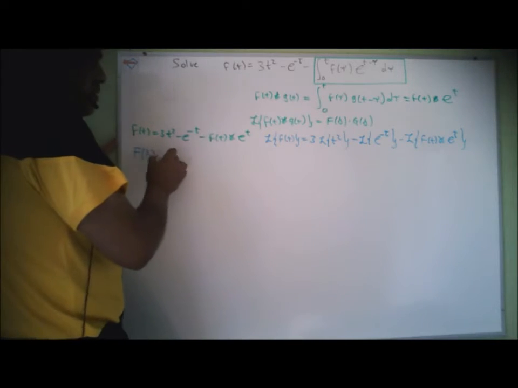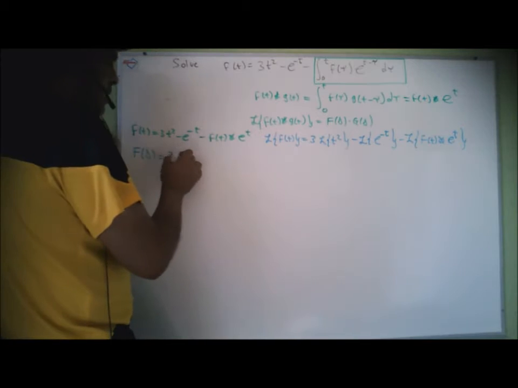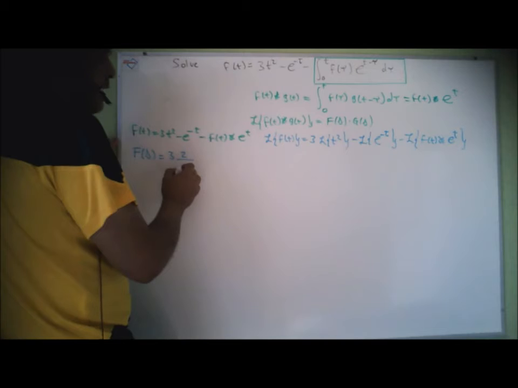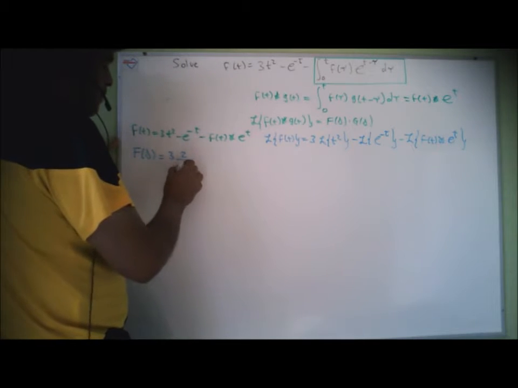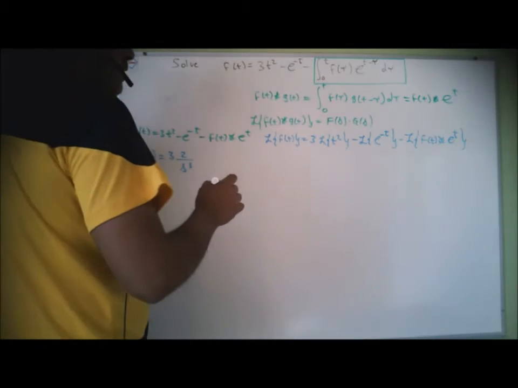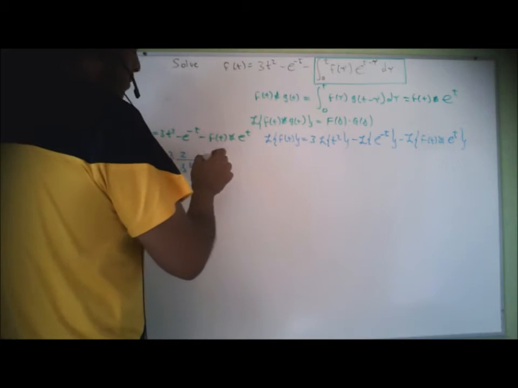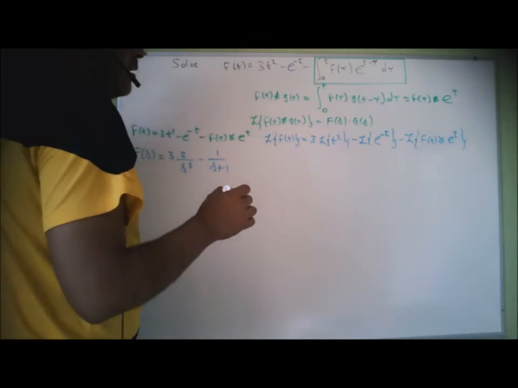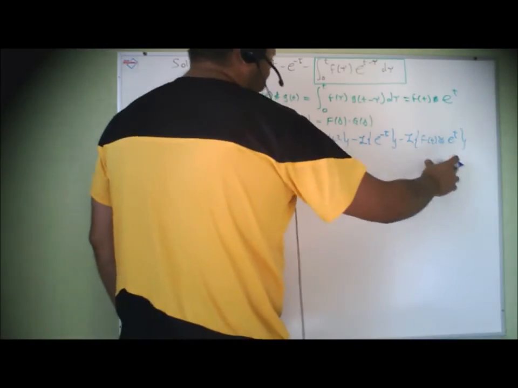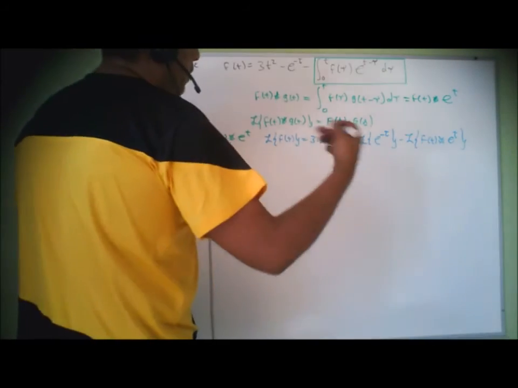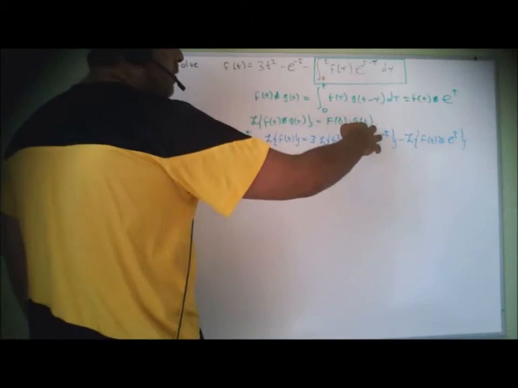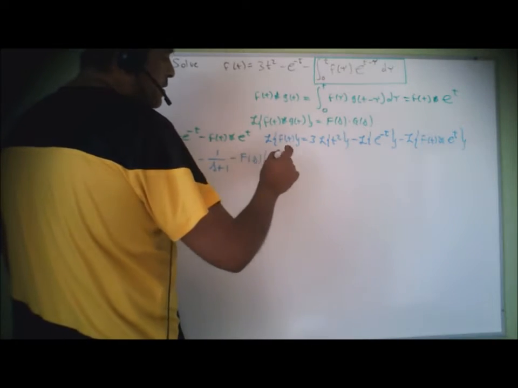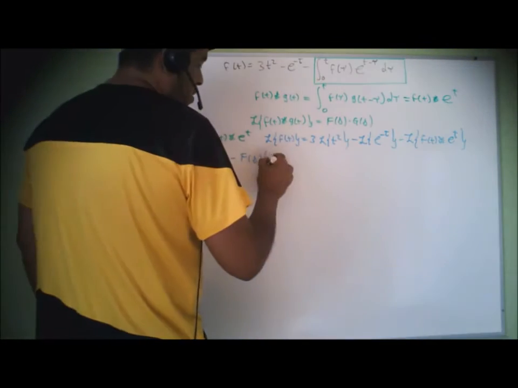F of s is equal to the Laplace transform of this, 3 times 2 over s to the power of 3, minus the Laplace transform of the exponential, 1 over s plus 1. Then the Laplace transform of the convolution, as we saw in the previous video, is just the multiplication. So this is going to be minus F of s times 1 over s plus 1.